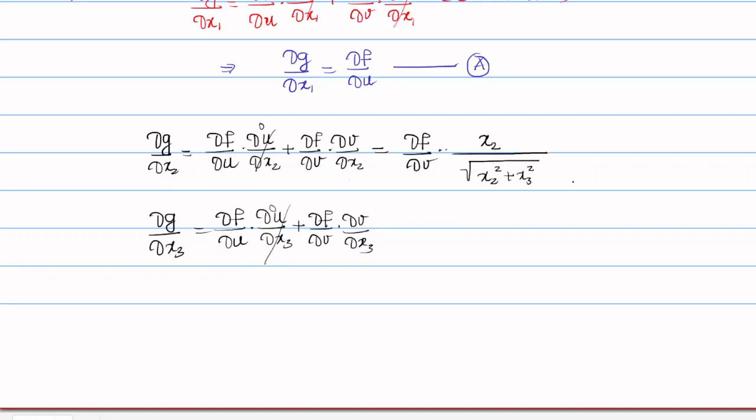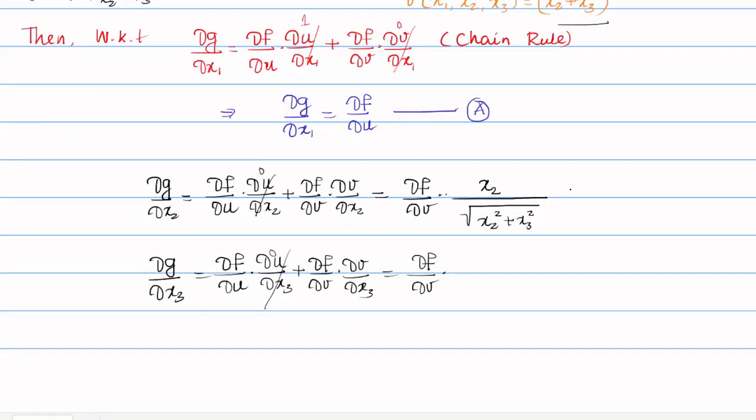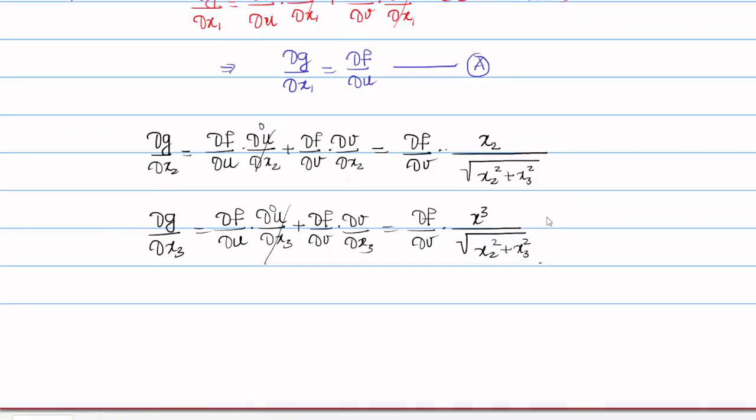Similarly this becomes 0. What remains is dou f by dou v into the derivative of v with respect to x3: 1 divided by 2 root of this into 2x3, and 2 will get cancelled. Similarly we have x3 divided by square root of x2 square plus x3 square. That is how it ends.